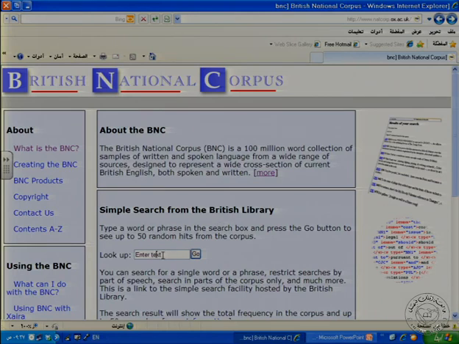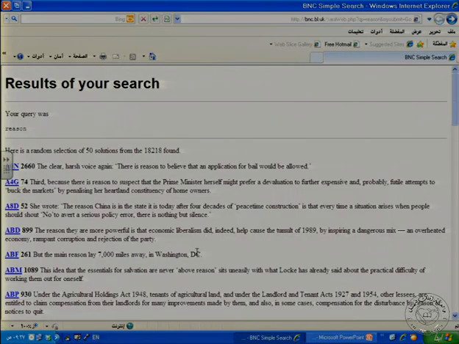You can look up a text or a word. Let's look for the word reason. Reason, and then we are going to get the results. The results are called what? Concordances. Yes, concordances. So these are the concordances, and you see here there is a tag or a code for each of the sentences.